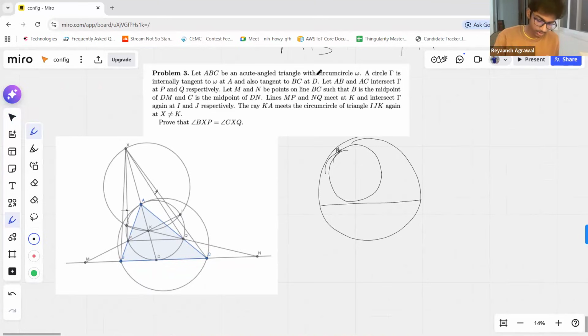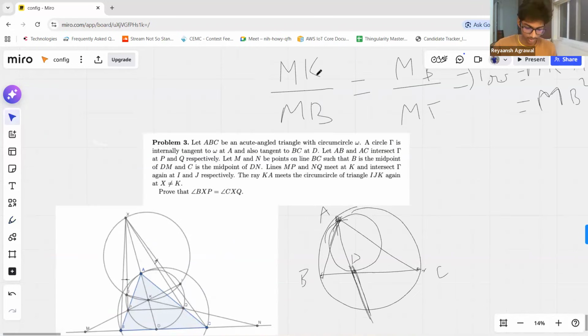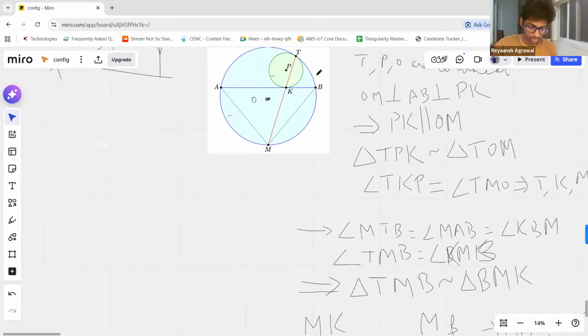It's tangent to this big circle at A, and these two points are B and C. And this tangency point is D. What can we say about this intersection? In particular, what can we say about line AD? We just covered this configuration over here.